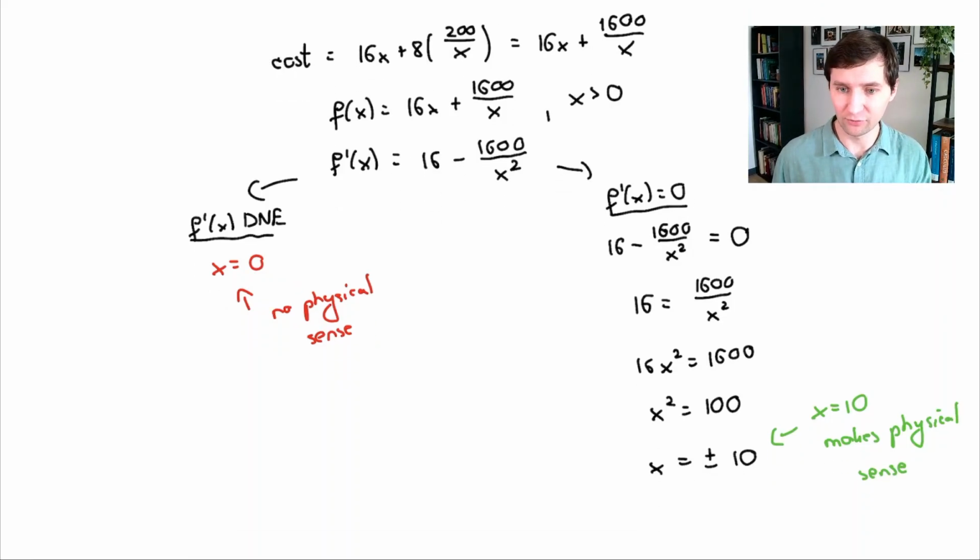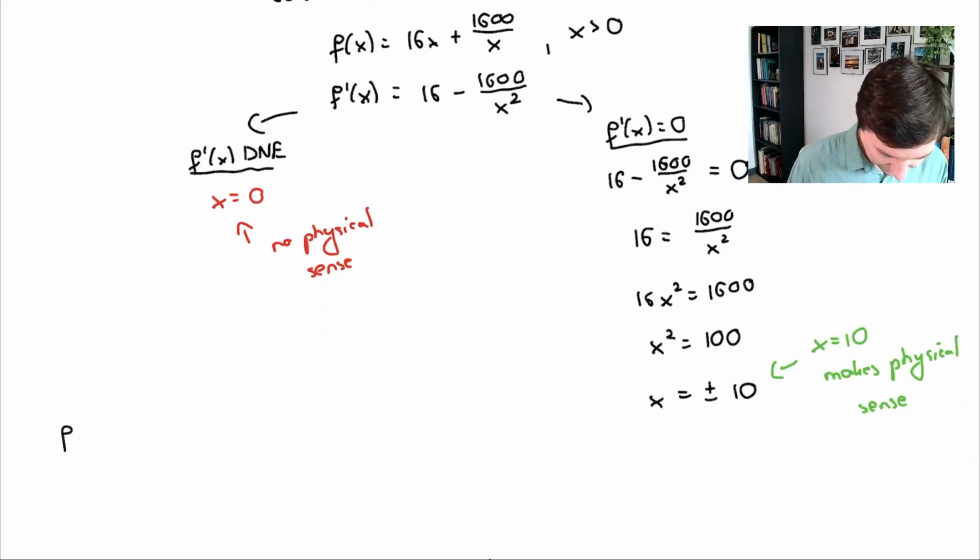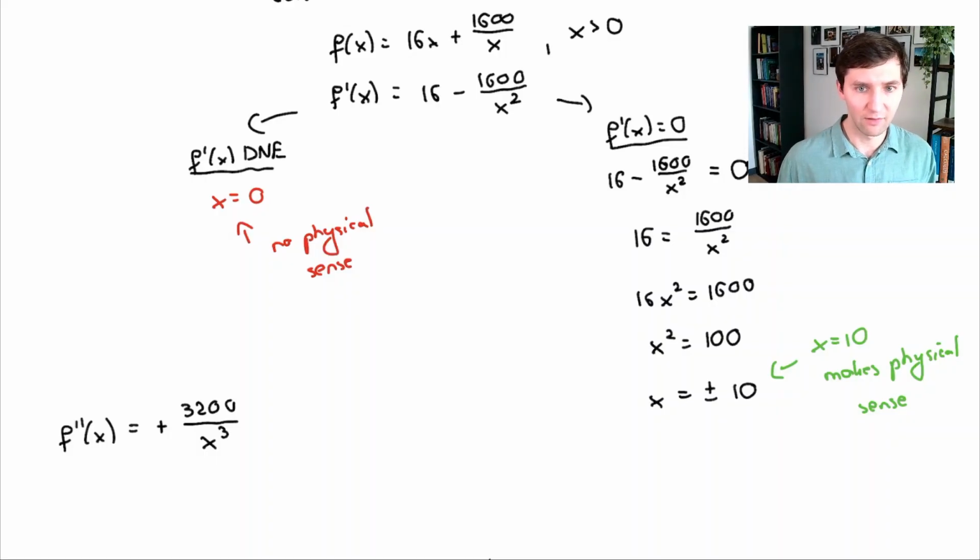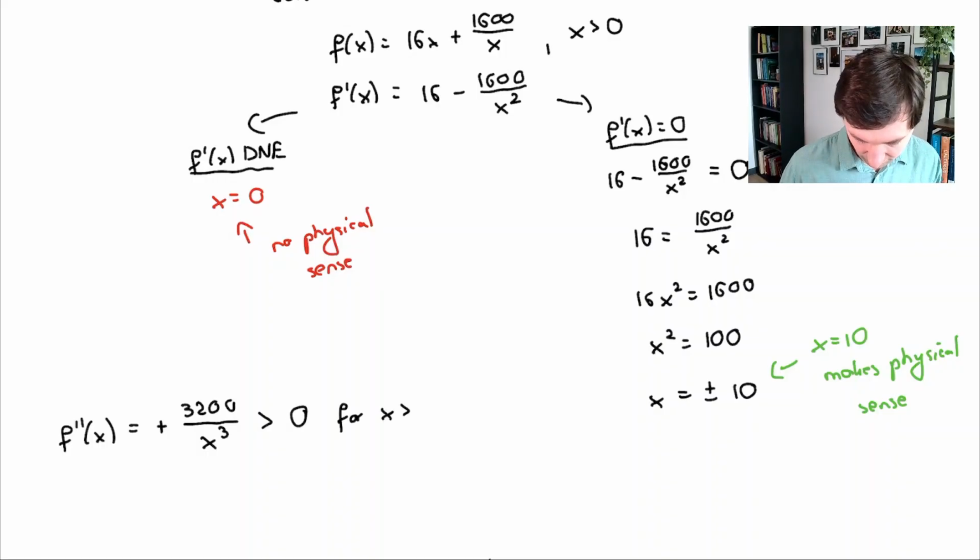Does x equal to 10 give me a max or a min? Let's use the second derivative test. I take my first derivative, and I take the derivative of that derivative. When I do that, the second derivative is plus 3200 divided by x to the third power. I believe the second derivative is always positive for x greater than 0.